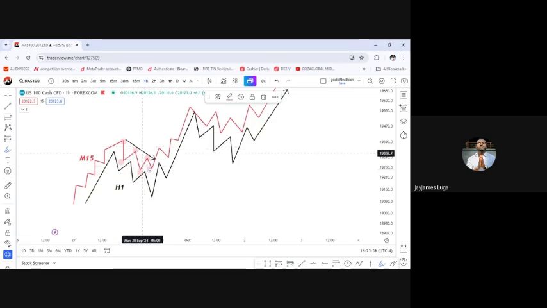You'll notice that most times you'll be taken out because you are selling in the minor structure, not the major structure. So it's important to understand this rule in the marketplace: the market will always respect the direction of the higher time frame.